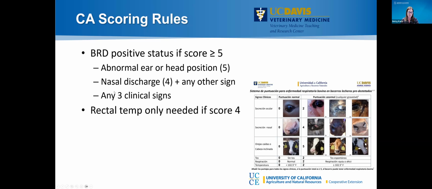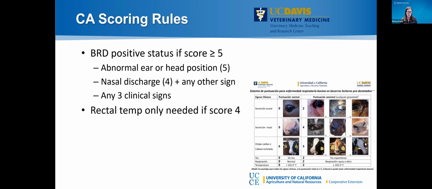So, for example, if we have nasal discharge, that is a 4-point score. So any other sign would also indicate that the calf has respiratory disease. Or any 3 clinical signs are going to add up to at least 6. So that's another indication, given a quick look, that the calf is positive.